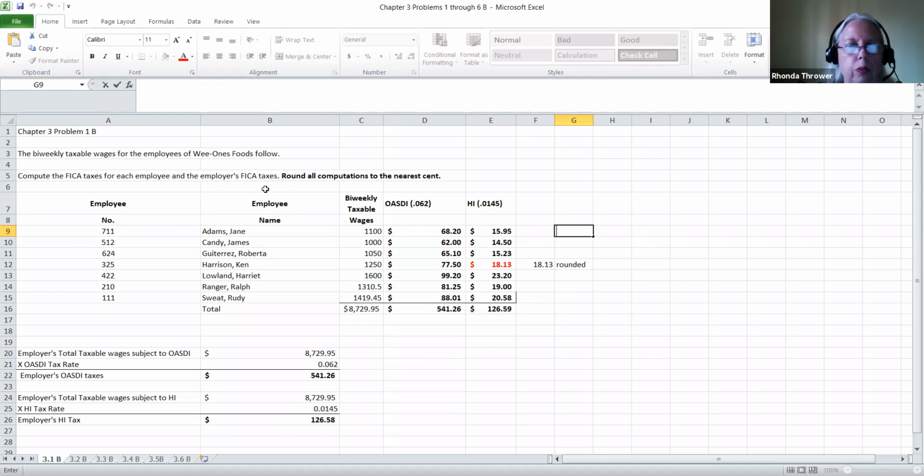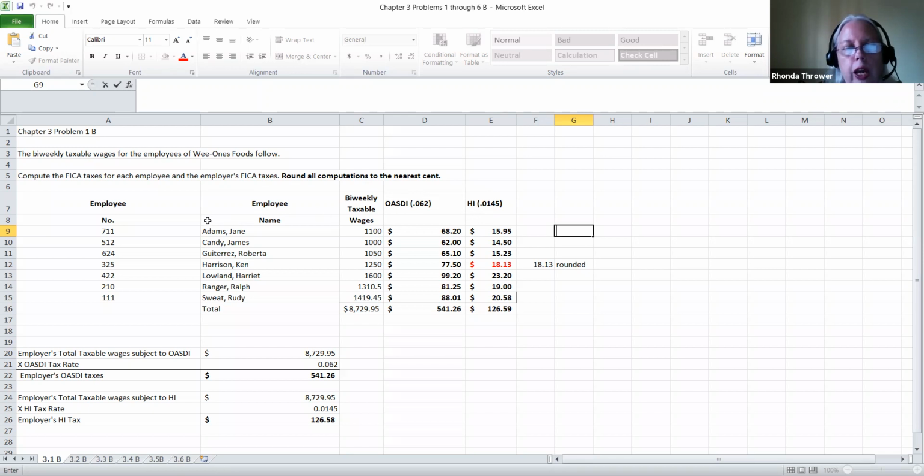So on this problem, we've learned how to calculate FICA taxes. OASDI is part of FICA, which is your Social Security tax, and this year it's 6.2%. FICA tax is also made up of hospital insurance, commonly known as HI or Medicare tax, for which the rate is 1.45%.